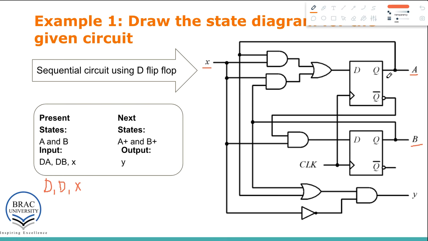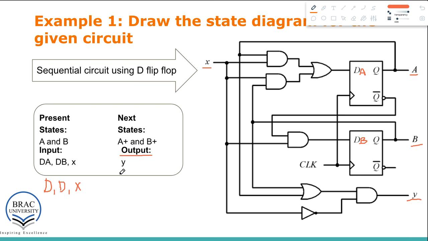For the first flip-flop the output is A, and for the second flip-flop the output is B. So the first input is DA and the second input is DB. The inputs would be DA, DB and X, and in case of output we'll only consider the circuit's external output, which is Y in this case.